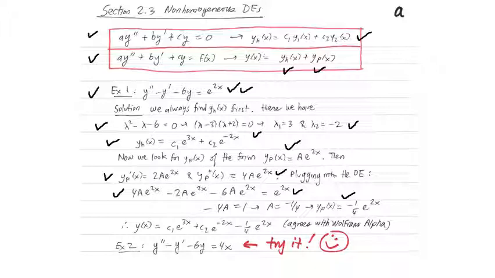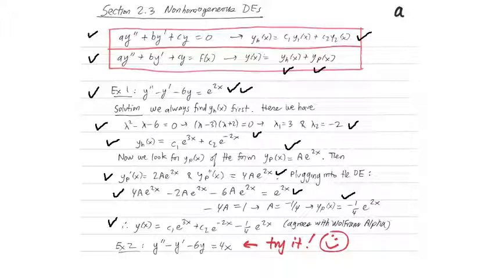And if you feel like it, you can check that by taking the derivatives that it does indeed satisfy the non-homogeneous DE. So our general solution here of this non-homogeneous DE is going to be c1 e to the 3x plus c2 e to the minus 2x minus 1/4 e to the 2x, and that does agree with Wolfram Alpha where I checked this.